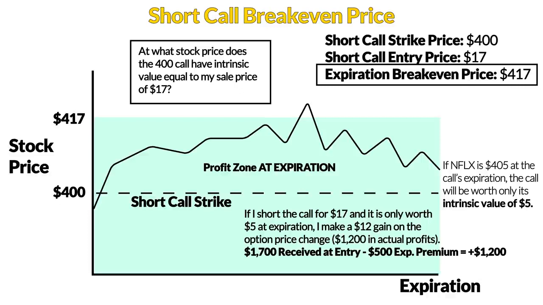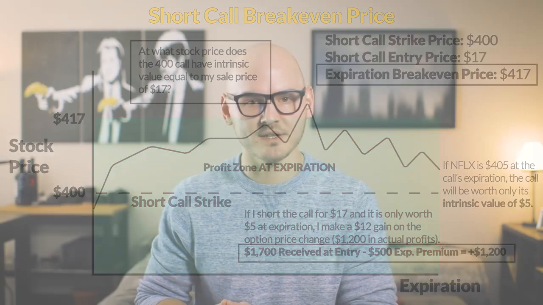So if I sold the 400 Netflix call for $17, but the call option was only worth $5 at expiration, then I have a $12 profit on the option, meaning I actually have a $1,200 profit when considering the option contract multiplier. So if I short the option for $1,700 in premium and at expiration it only has $500 of value or premium, then I have a $1,200 profit on that position.